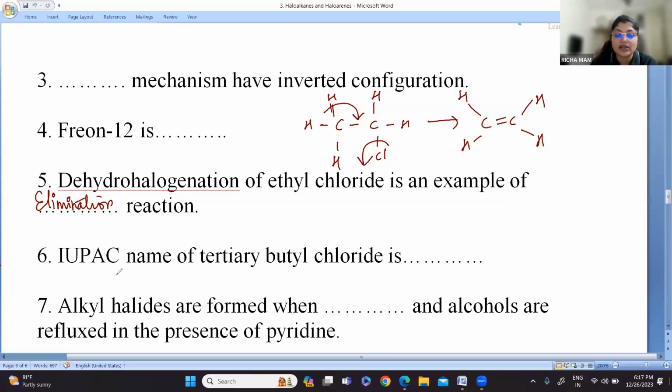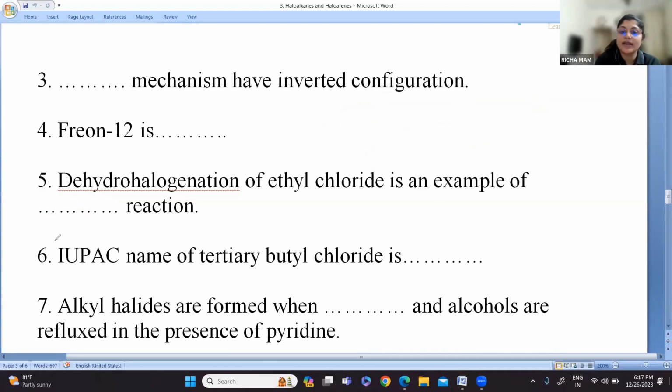Next question. IUPAC name of tertiary butyl chloride is? What is the IUPAC name of tertiary butyl chloride?